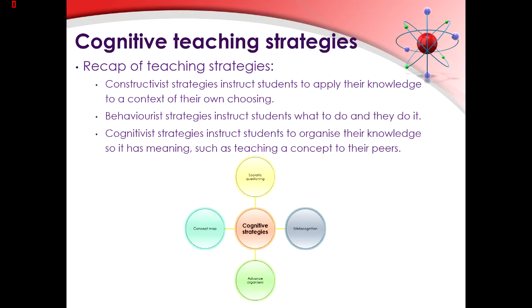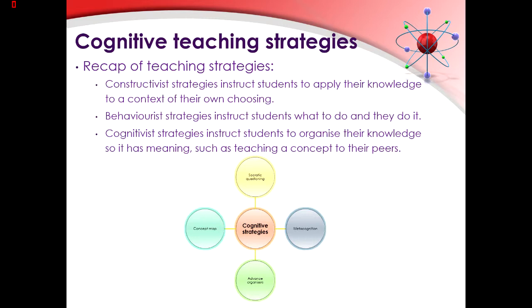So, to recap the teaching strategies that we have learnt about so far, we know that constructivist strategies instruct students to apply their knowledge to a context of their own choosing. So, constructivist learning is really quite an active process, whereas behaviourist strategies instruct students on what to do and then the students basically do it.